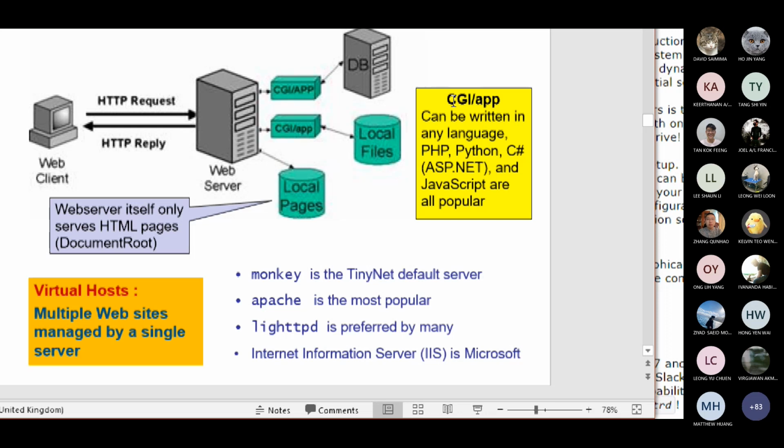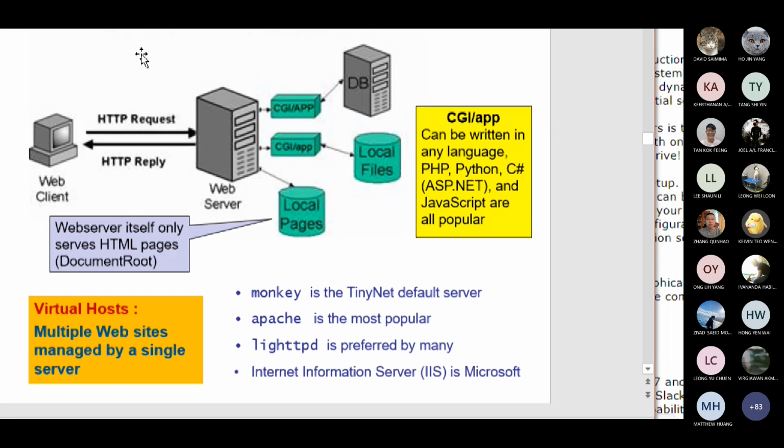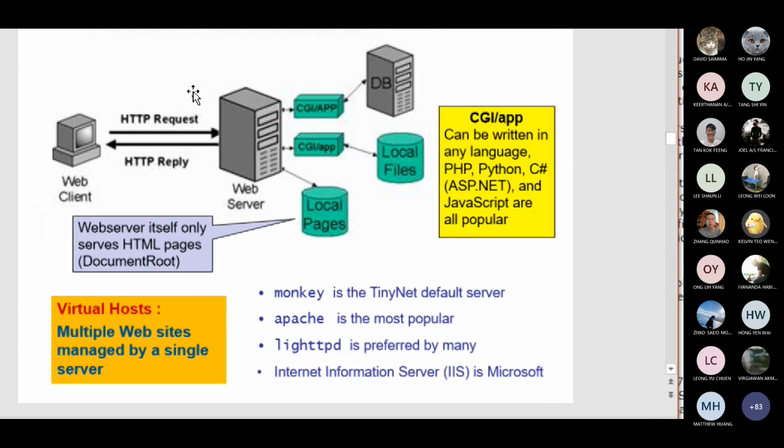CGI stands for Common Gateway Interface, which maybe made sense back in 1992 when the web was invented, but never mind. Another part of our proud cultural heritage that we see, right? It's still called CGI, and the apps can be written in any language, right? PHP just being one of those, right? There's lots of other popular ones.